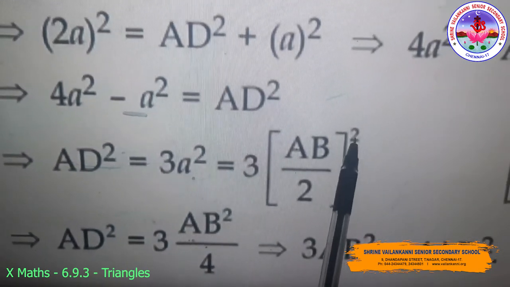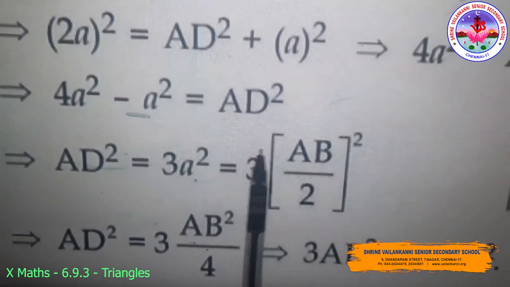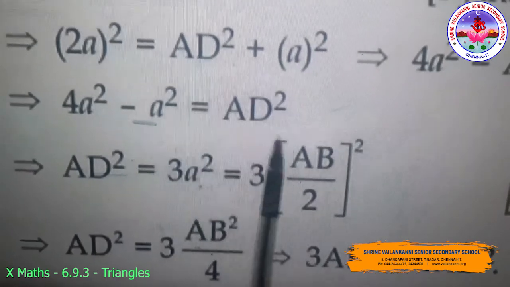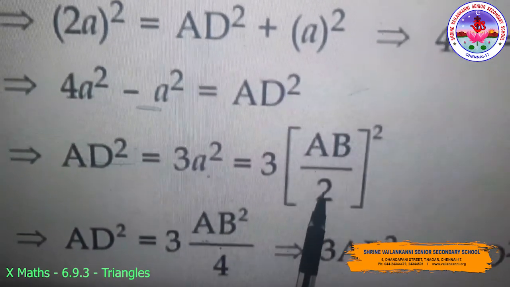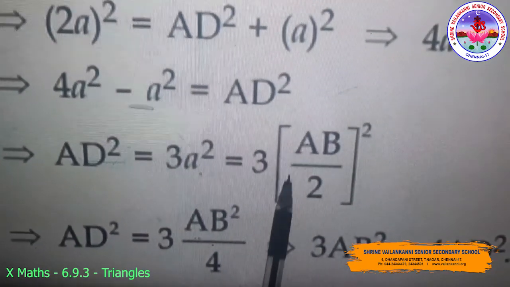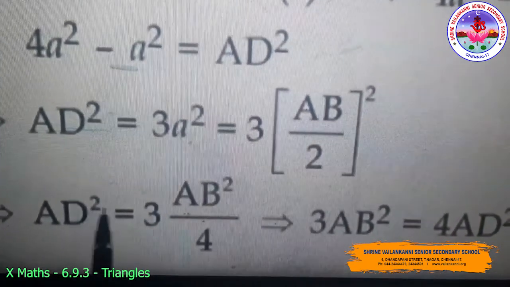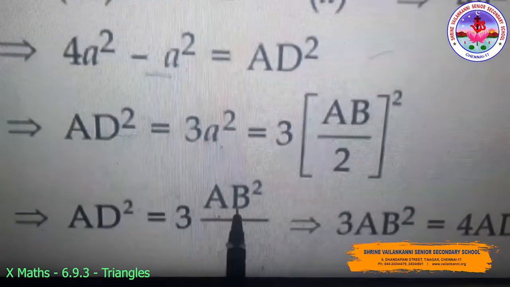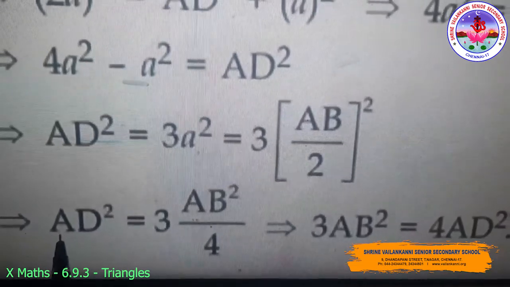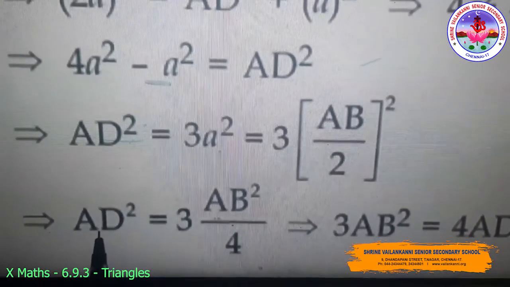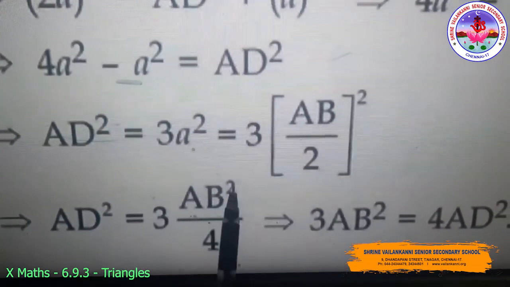So since I want to connect my altitude and the side of the equilateral triangle, I am writing a as AB by 2. So I am expanding here. I will get AD square is equal to 3 AB square by 4. Bringing this 4 here, I will be getting 4 AD square is equal to 3 AB square.